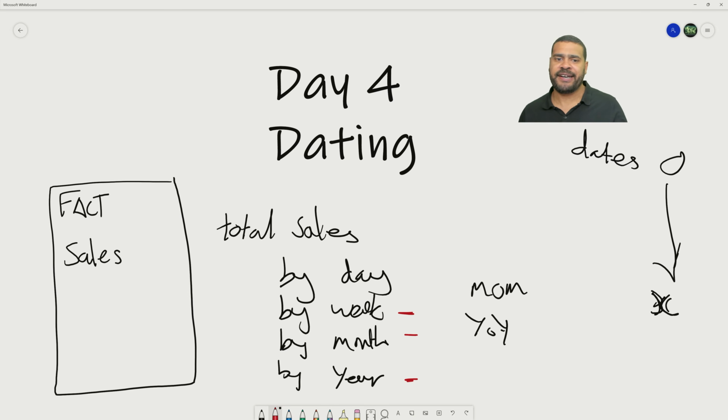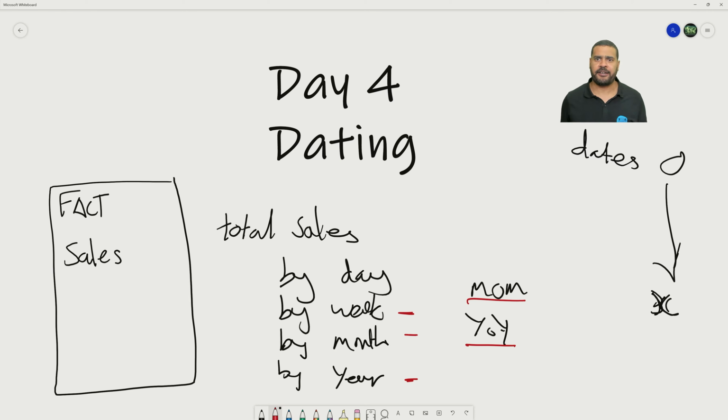And then your month over month and year over year are relative: this month or last month versus the month before it, or last year versus the year before it. So they're relative, but it's all about that continuous string of dates going from something to something, and then overlaying context onto that.